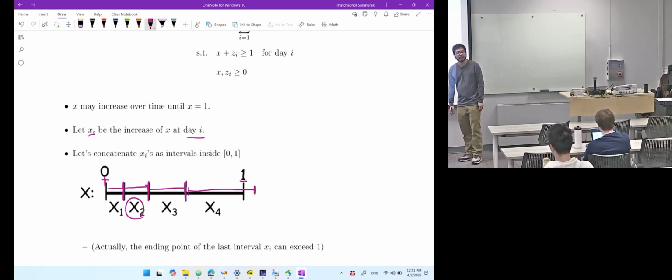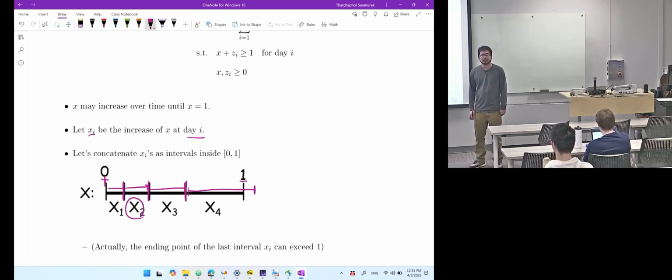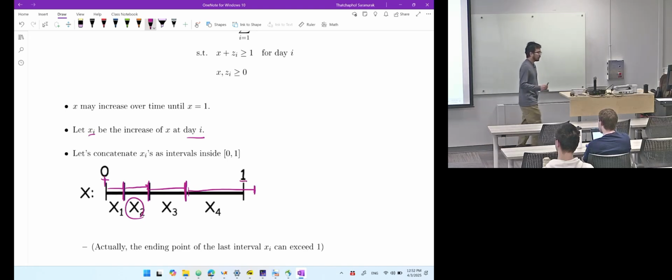I think we can first pick a random point in this segment and set x to be 1 when it first reaches this point. Yes, pick a random point in this segment. Let's say I pick it here.